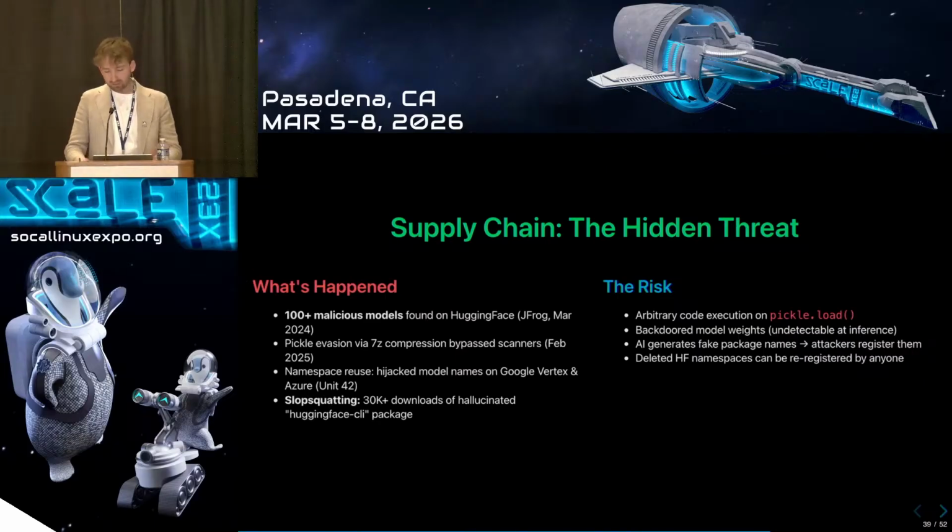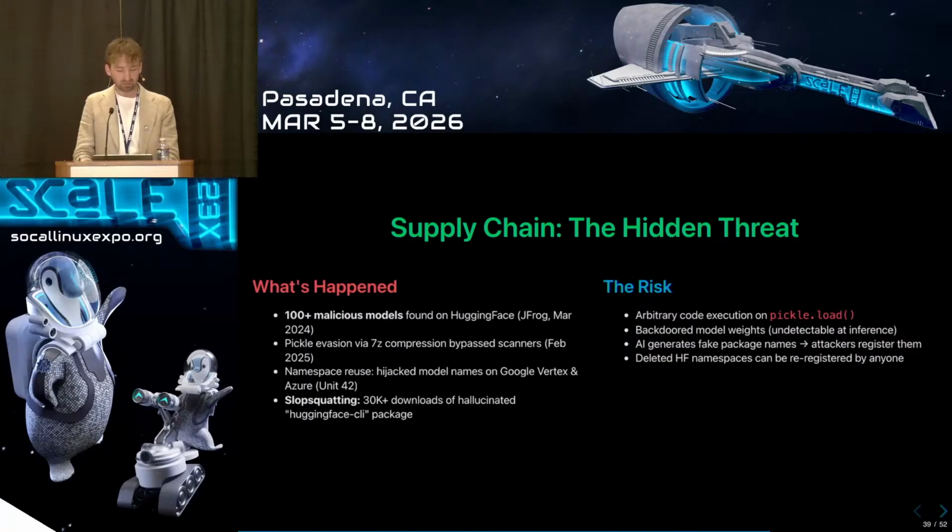So the next thing I wanted to cover is the supply chain. It's the hidden threat of your LLM models. As I mentioned, over 100 malicious models found on Hugging Face in 2024. Some pickle evasion. One of the ways of sharing the models is binary files called pickle. You can also embed some supply chain attacks over there.